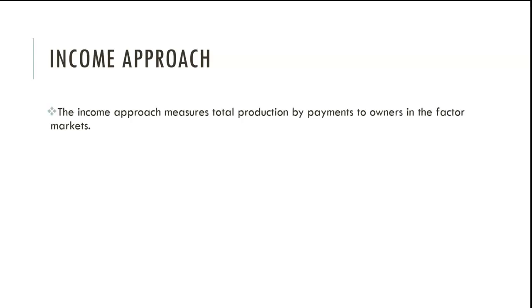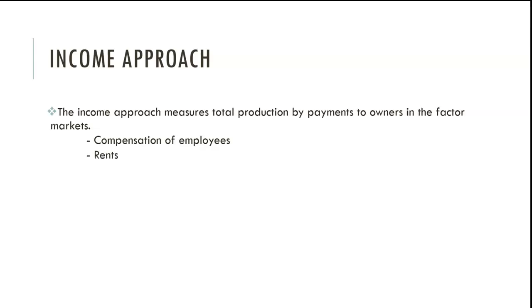The income approach measures total production by payments to the owners in the factor markets. So anyone who's being paid for labor or land, capital or entrepreneurship, all of these payments are counted in the income approach. This could be compensation of employees. So payment to office workers, payments to CEOs, payments to a restaurant cook. Rent.